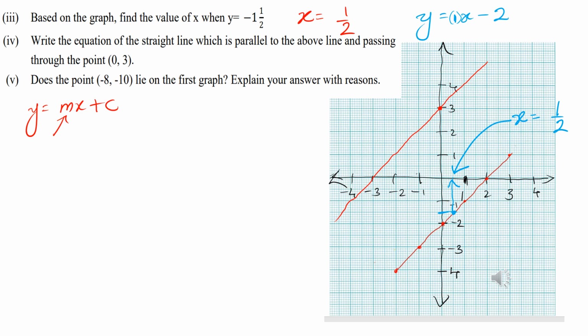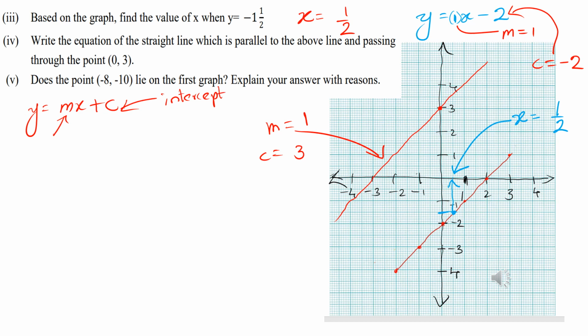Here m is equal to 1, and c is equal to minus 2. And the linear graph has the equation of y equals mx plus c. So if this is parallel, the m should be equal to 1, and c is equal to 3. How do you get this? This is the intercept. This c is the intercept.